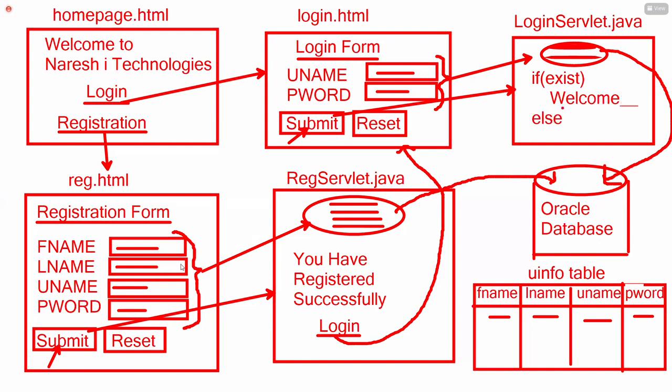Else, invalid username or password. Okay, this is our task. Three HTML programs, two servlets, their JDBC code, SQL code, HTML code, and again XML or annotation, all we are going to use.